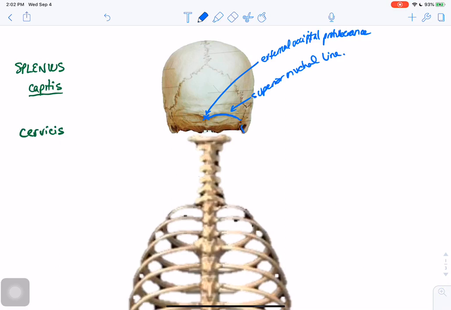And that sort of points you directly towards the mastoid process, which is actually part of the temporal bone. It's this bump that you'll feel just posterior to your ear.